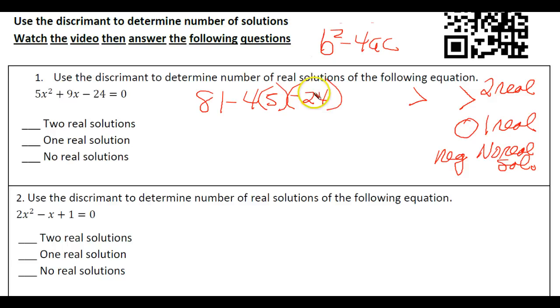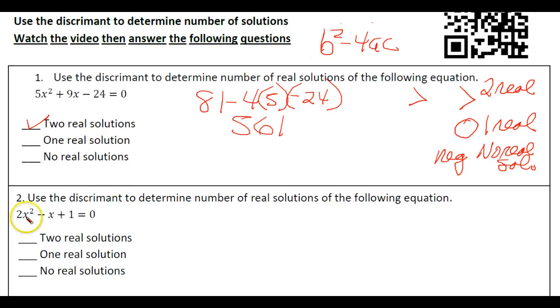Do you get a positive under the radical sign? And in this case, we do. It's 561 when we do this calculation. So there's going to be 2 real solutions.